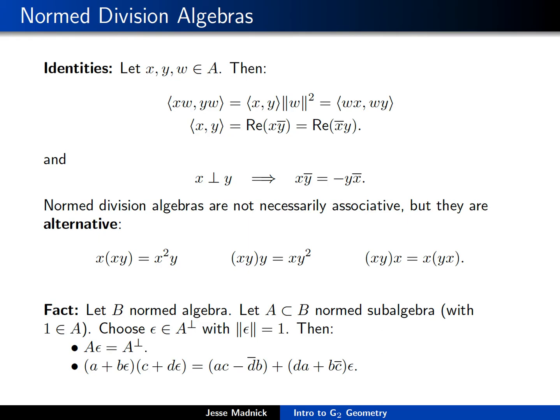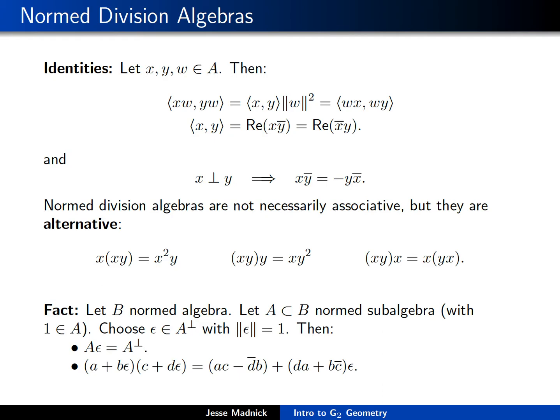If B is a norm division algebra and A is a norm division subalgebra containing the unit, and you choose epsilon to be an element of the orthogonal complement of unit length, then A epsilon is in A perp, and there's this interesting looking multiplication law. And this multiplication law kind of inspires this construction called the Cayley-Dickson process, in which we can take a norm division algebra and build a bigger one.